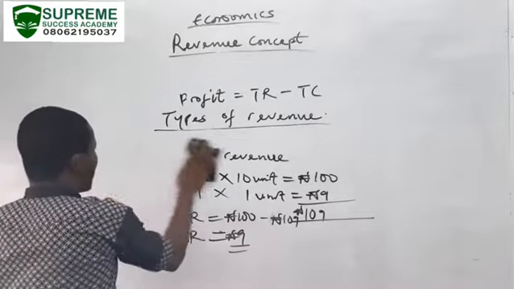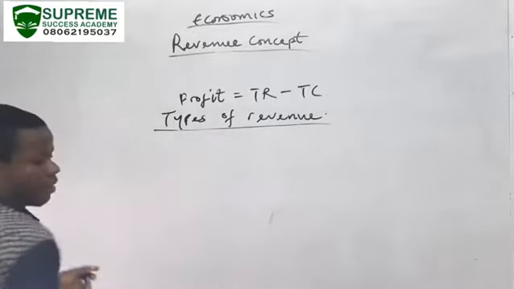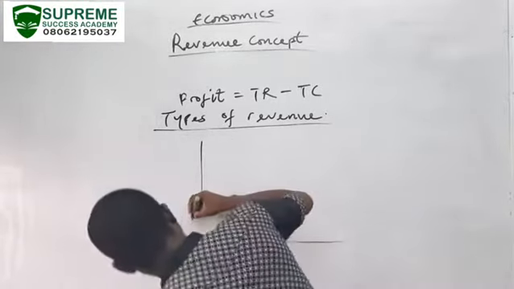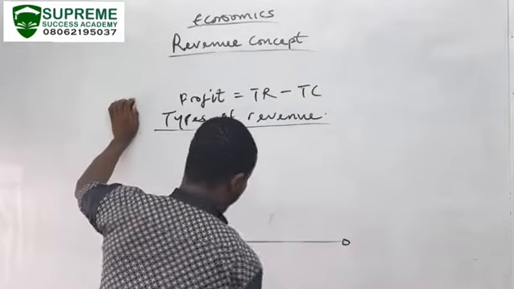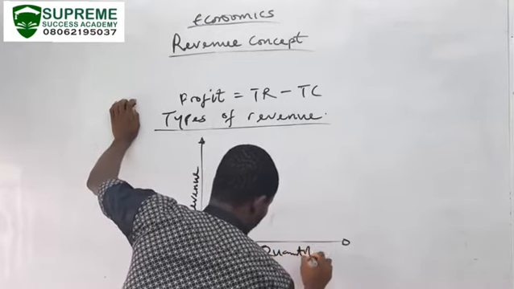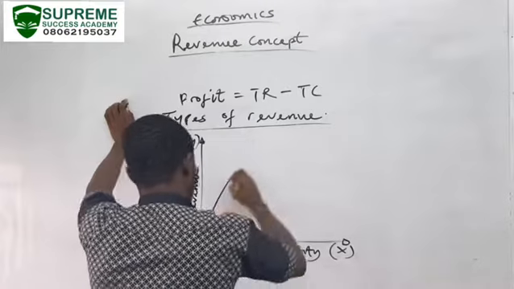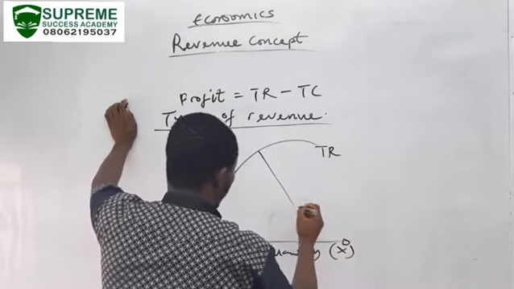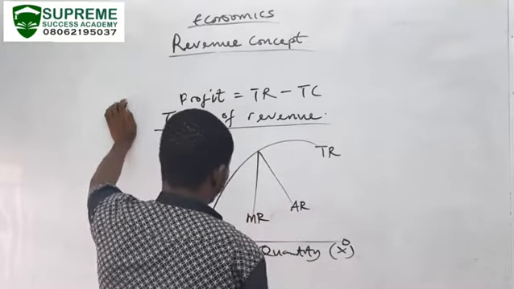So we can represent the three types of revenue in a diagram. We can call this axis revenue, and this one quantity; this is X, let's call this Y. Then we can have our total revenue to be this, our average revenue to be this, and our marginal revenue to be this.